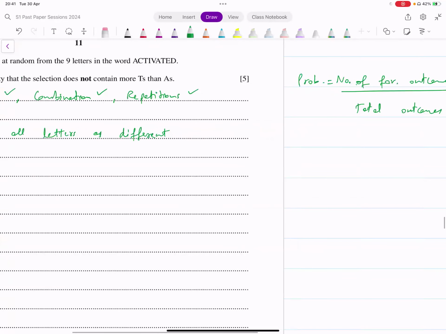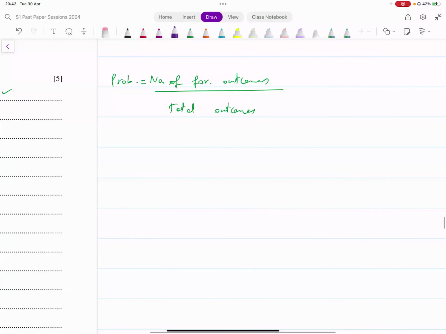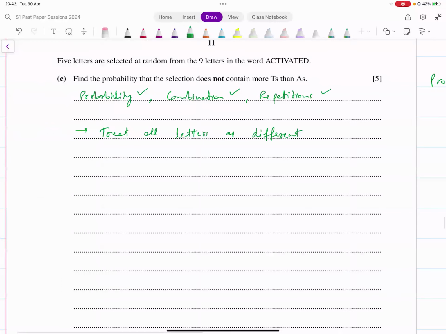The problem here is selecting an A has more probability than selecting a D, because there are two A's and there's only one D. So if you find the number of favorable combinations and divide that by the total number of possible combinations, that formula is not going to work here.